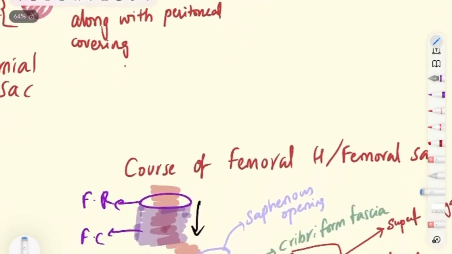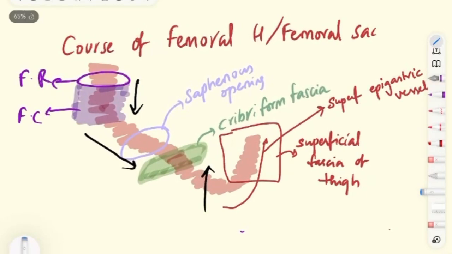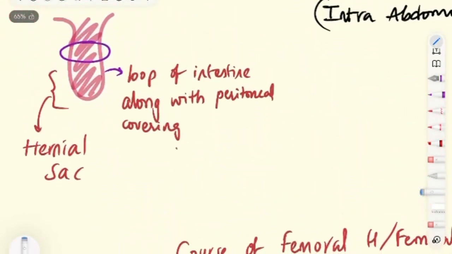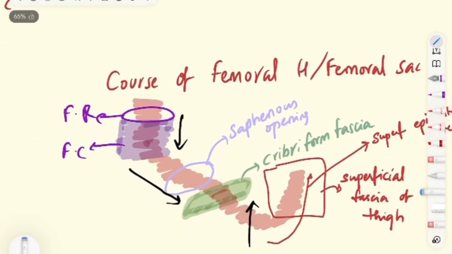And then let us talk about the course of the femoral hernia or the femoral sac, how its path is. So first of all, the abdominal contents enter the femoral ring. It passes through the femoral ring, and then it enters the femoral canal.